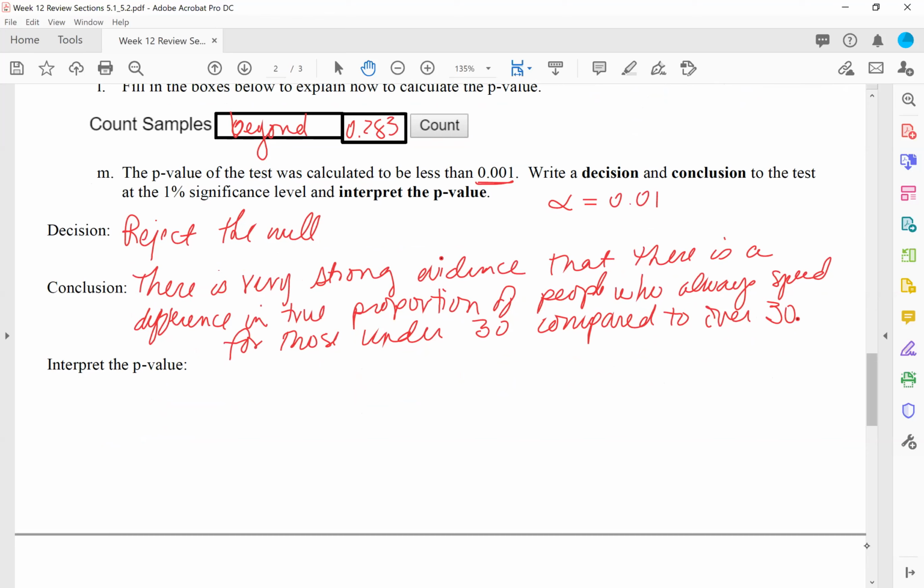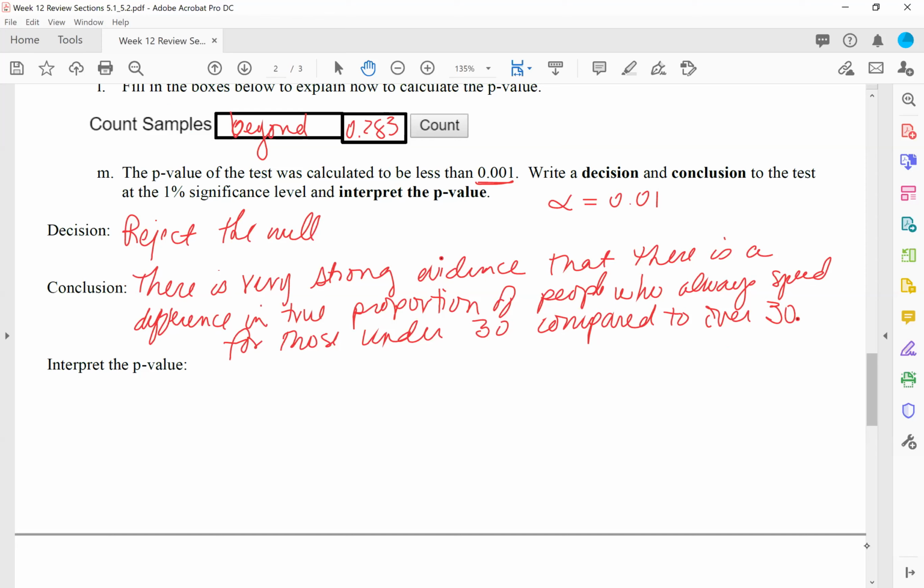The p-value interpretation is going to be very similar to what we've always done, talking about the probability of our observed result, or more extreme, if the null is true.